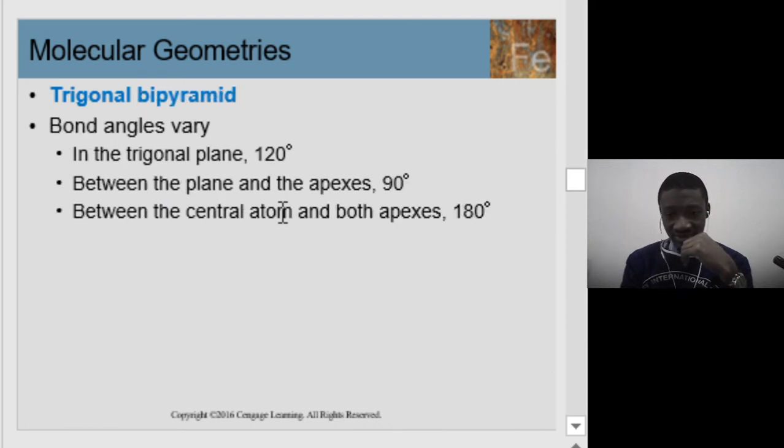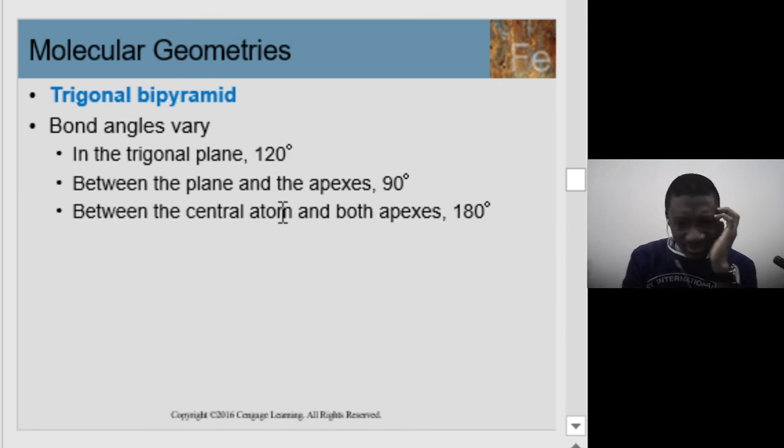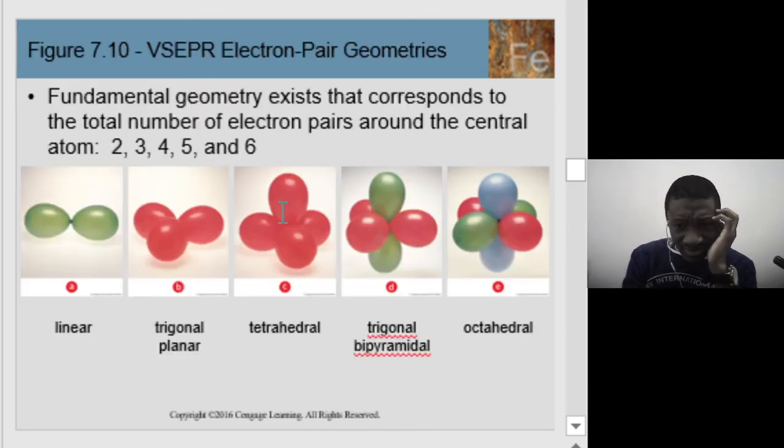You have your trigonal bipyramid. Your bond angles vary at different sides. In the trigonal plane you have 120. Then in the apex area, that's the peak of it, you have 90. I'll show us with this. The bond angles here are different from the bond angles here, and different from the bond angles at the top itself.